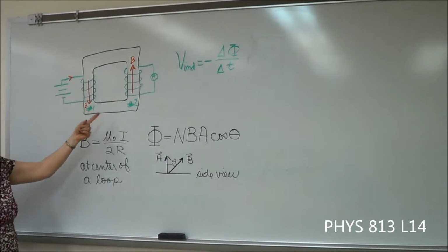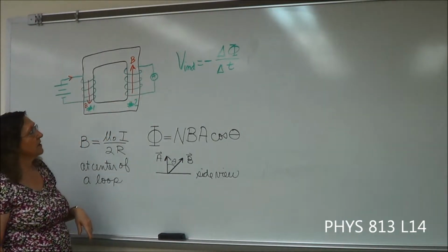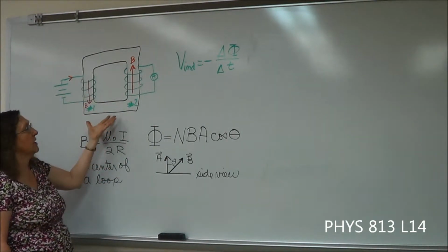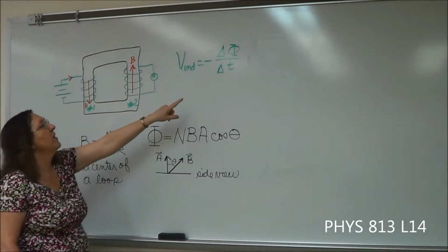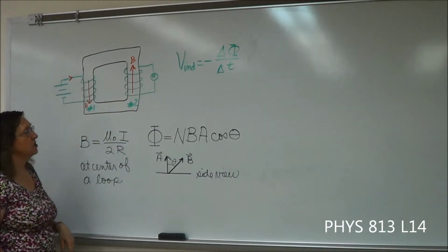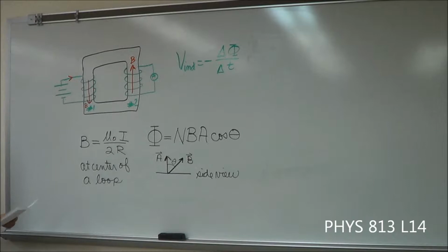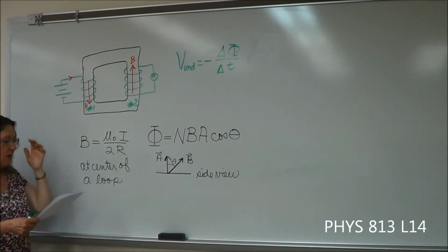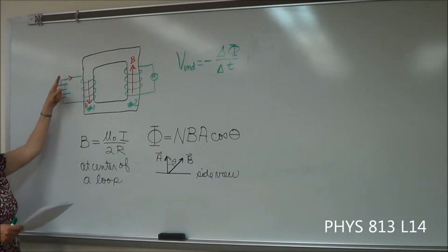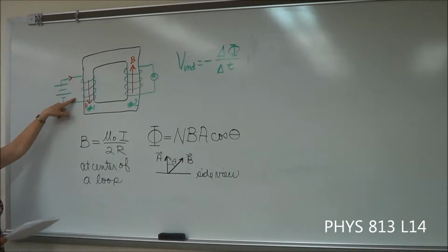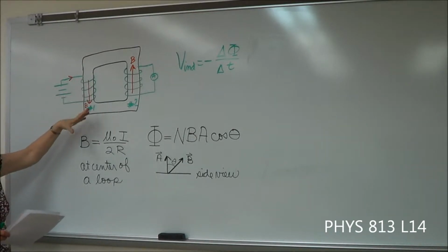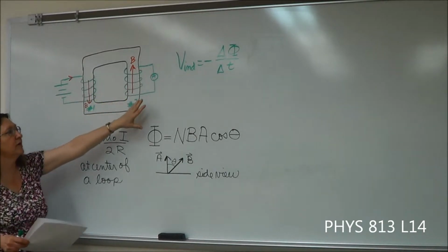But at this point, there's no changing flux because there's nothing changing anywhere. So there is no induced voltage. If there's no induced voltage, there's no induced current. So the point of this is that with a direct current, you don't get any result over here.